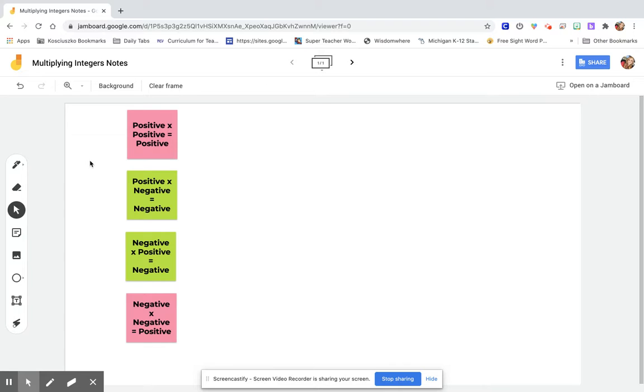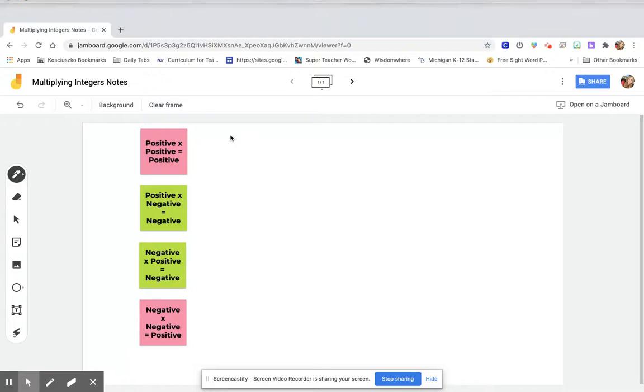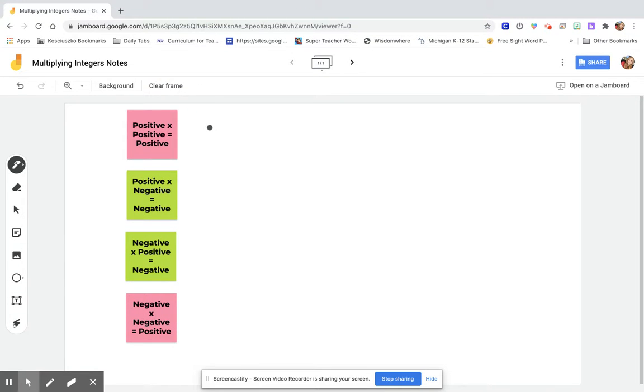Okay, so let's go ahead and do two quick problems. Our first example could be, let's use two different numbers. So positive times a positive equals a positive. So if we have 3 times 5 equals 15.